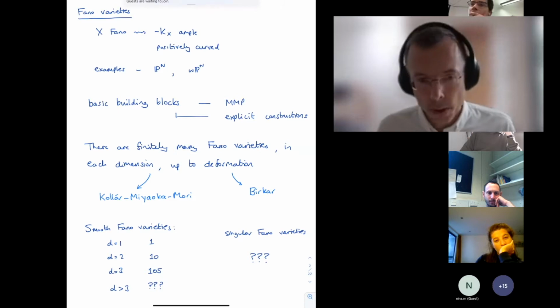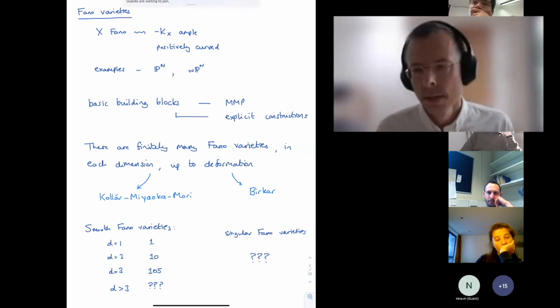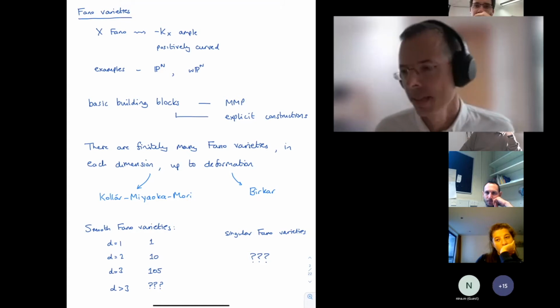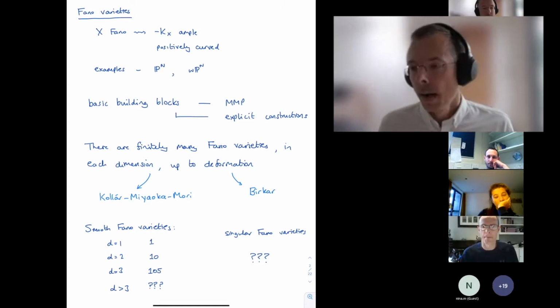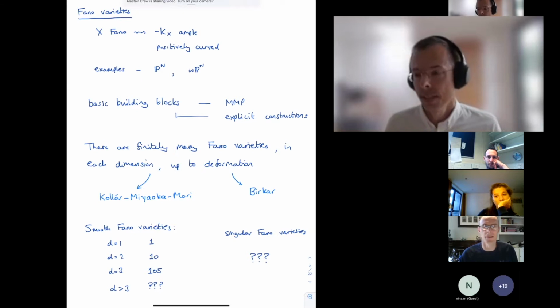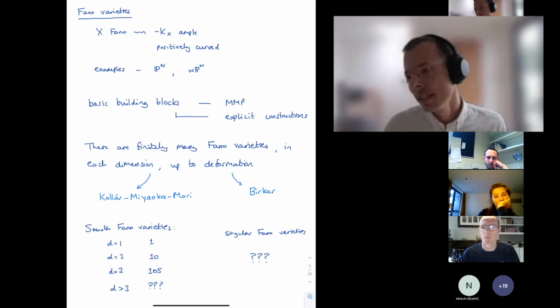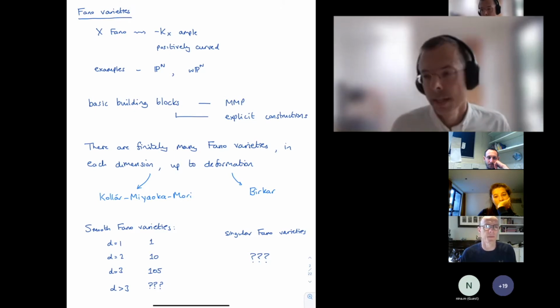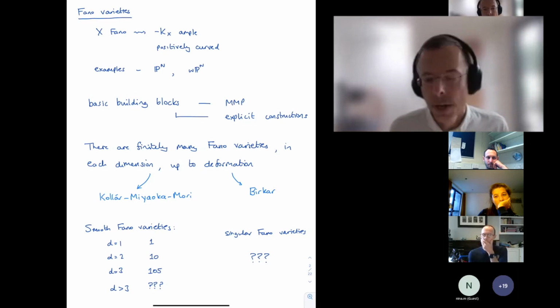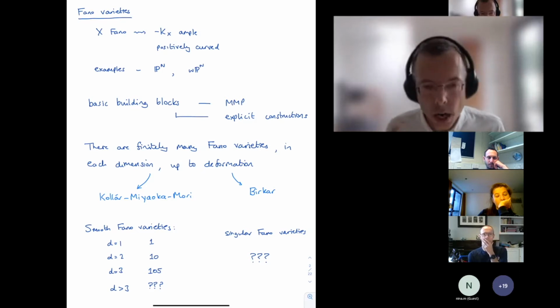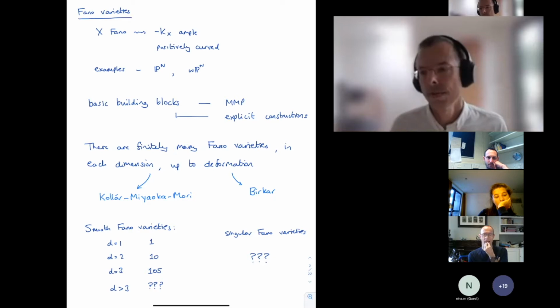Okay, so what is known? Well, there's exactly one one-dimensional Fano variety, that's the Riemann sphere. There are 10 deformation families of two-dimensional Fano varieties, those are the Del Pezzo surfaces. And in dimension 3, by the amazing work of Mori and Mukai, we know that there are 105 deformation families of smooth three-dimensional Fano varieties.